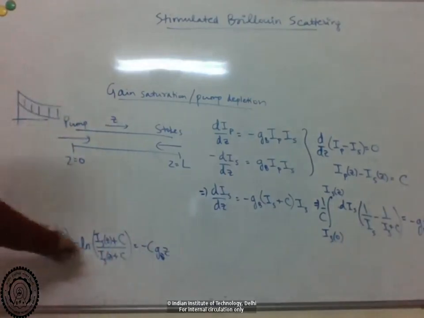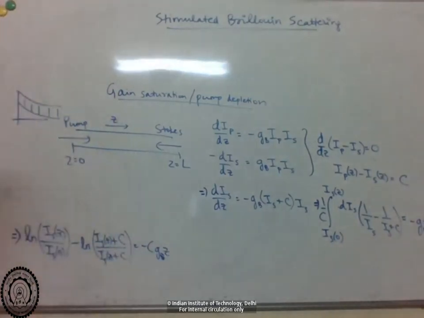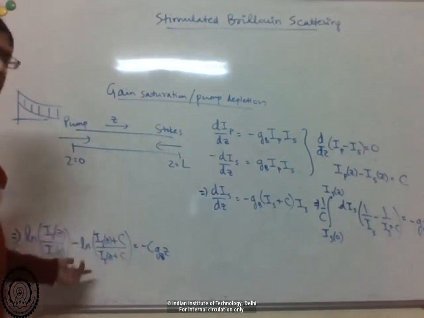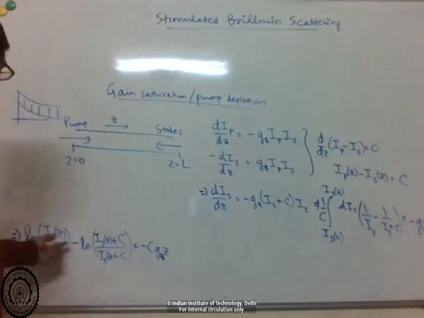Log of A minus log of B is log of A by B, so we divide this by this, and then we can take the exponent on both sides.